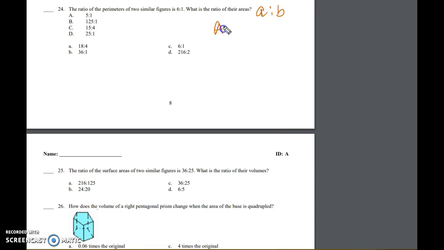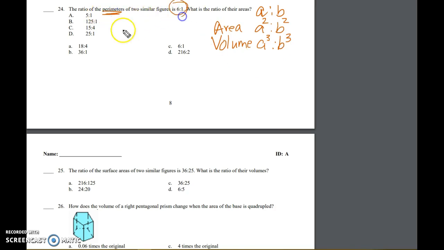When we have area, any type of area, surface area, lateral area, regular area, the pattern is you take A squared to B squared. That's the pattern. The ratio of A to B is A squared to B squared. And for volume, when we get to 3 dimensions, guess what? It's 3-dimensional. I cube them.